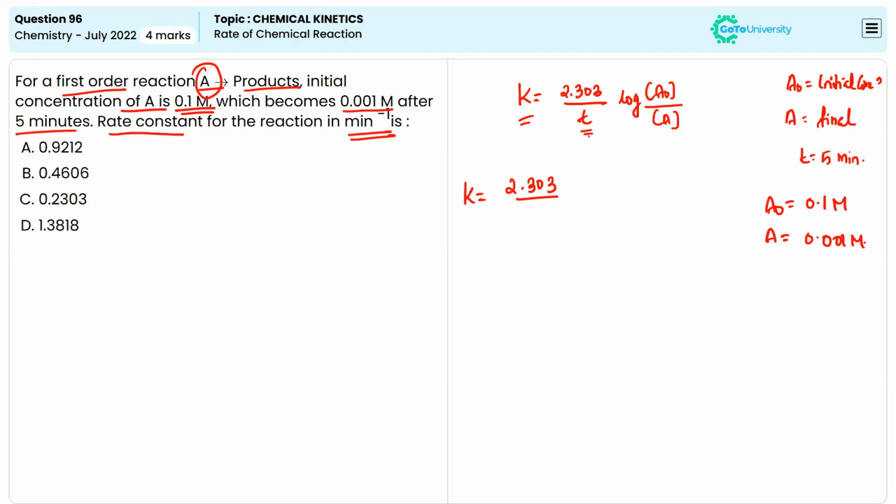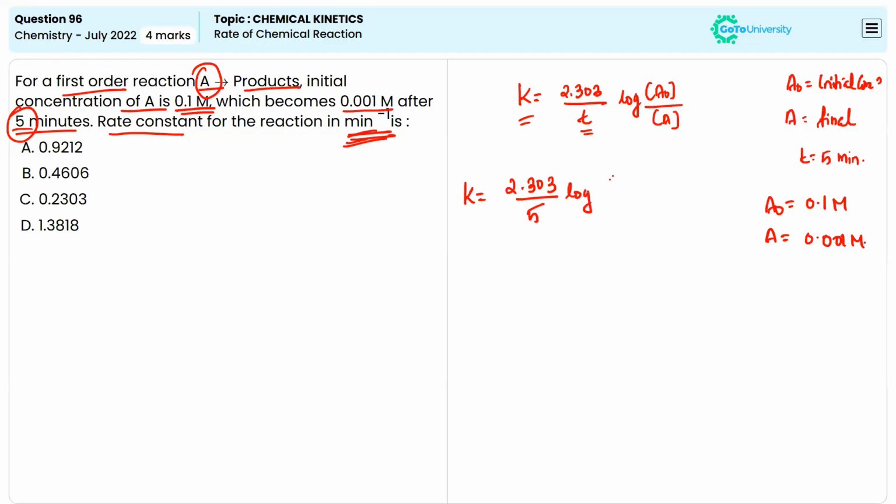I'm not converting it into any other unit because we need the rate constant in minute inverse, so we can keep the time in minutes. If they were asking for second inverse, we would have to convert the 5 minutes into seconds. But here we need minute inverse, so no need to convert. We can take it as 5 only.